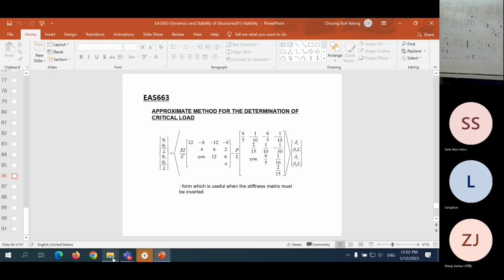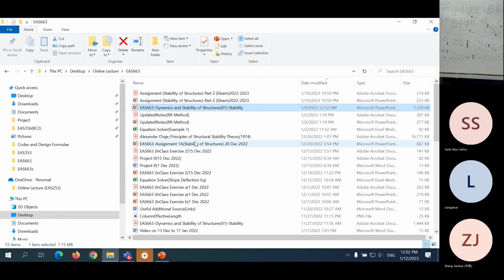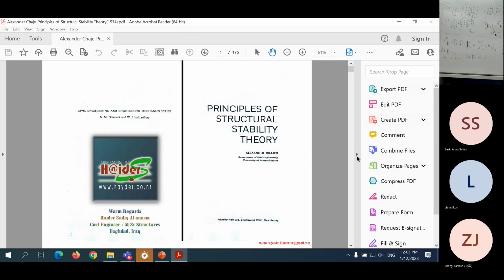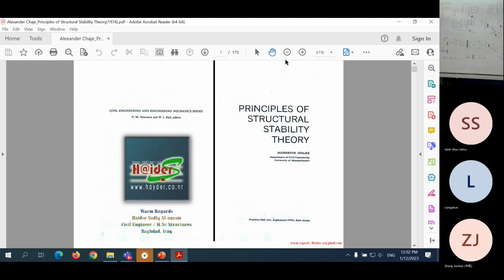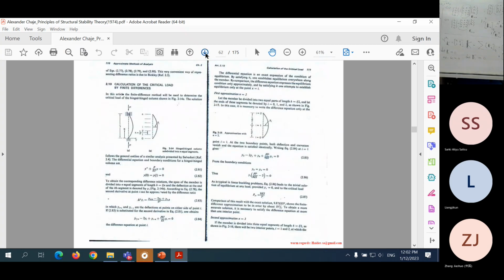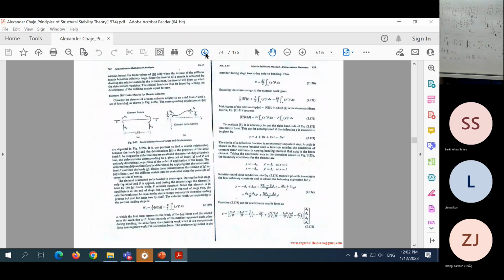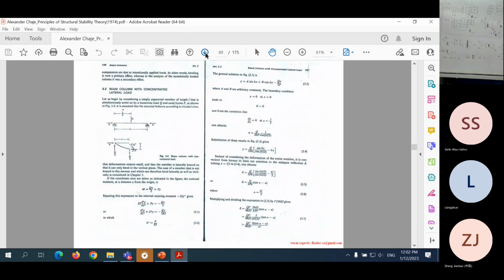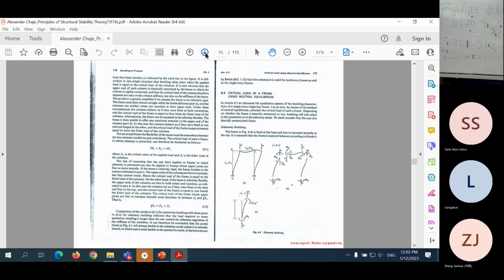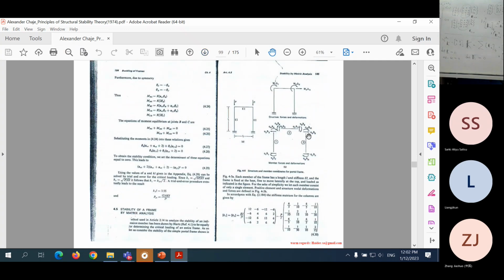Now the detailed process of this is given here, so I show you that part so that you can refer to it. This is in chapter number 4, section 4.5 of this book by Chen.